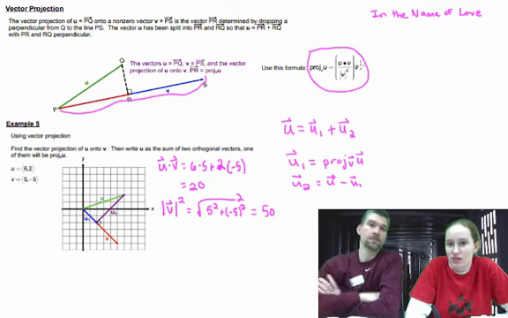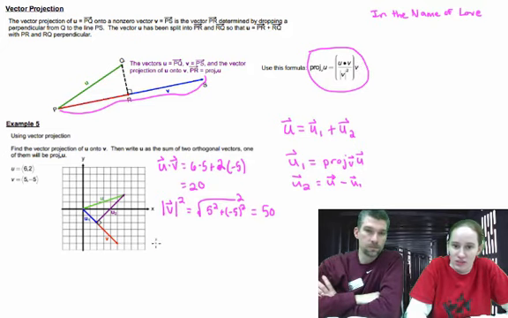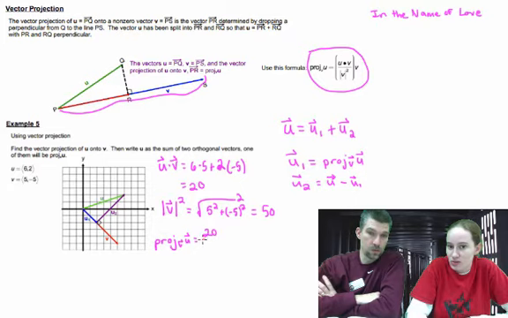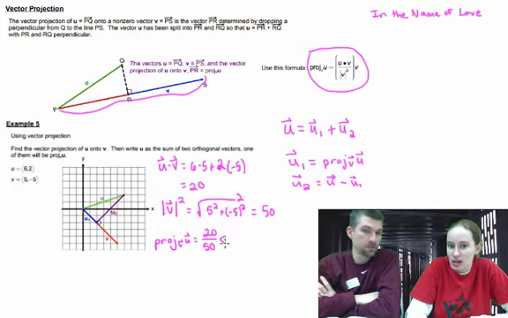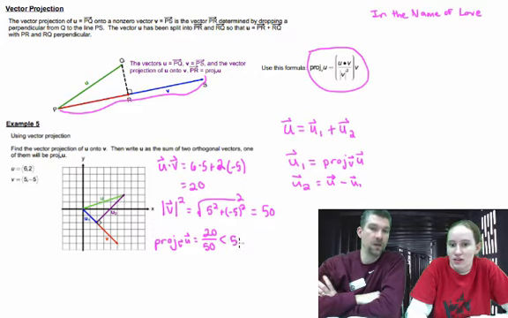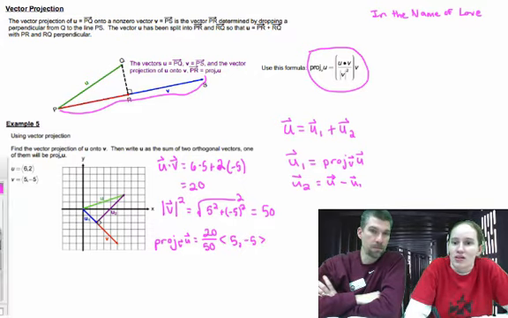And then we have this vector V. So the projection of U onto V is the dot product, which is 20, over the magnitude squared, which is 50, times our original vector V. There's the colors, got it.